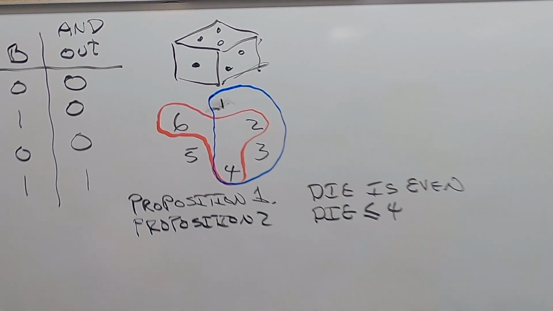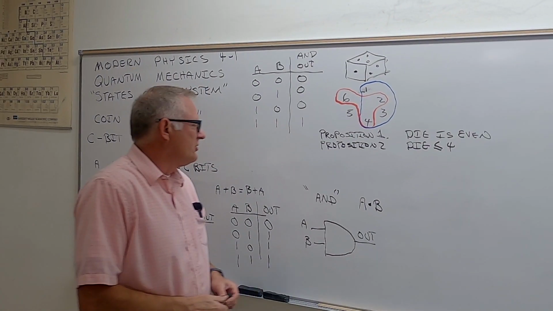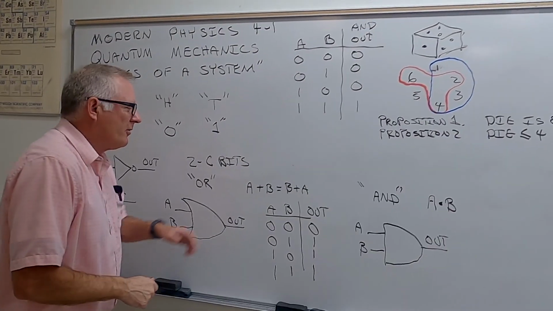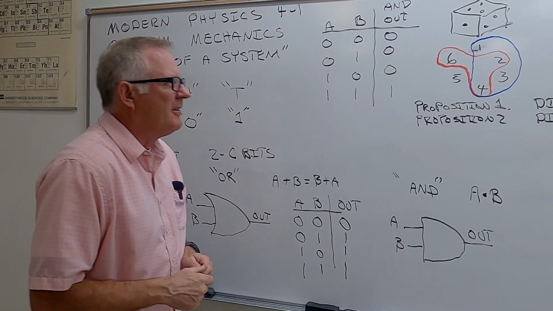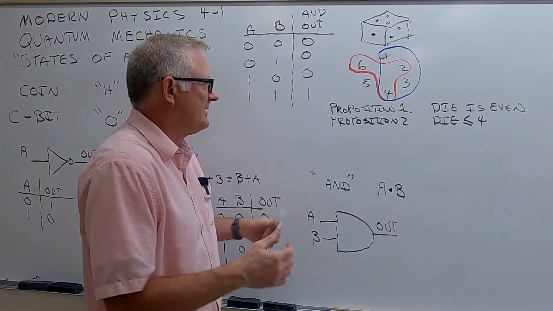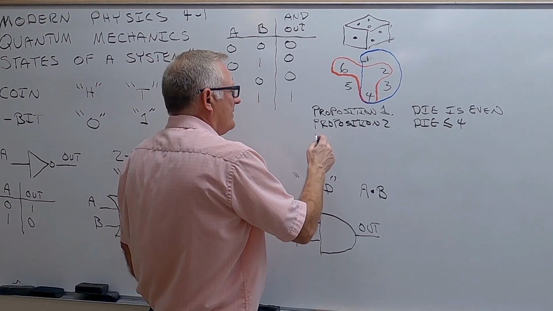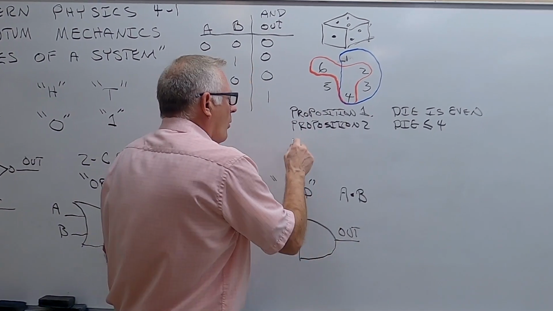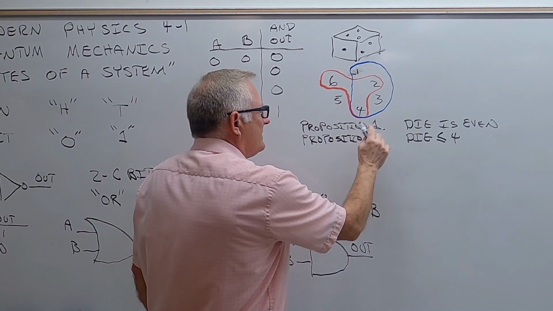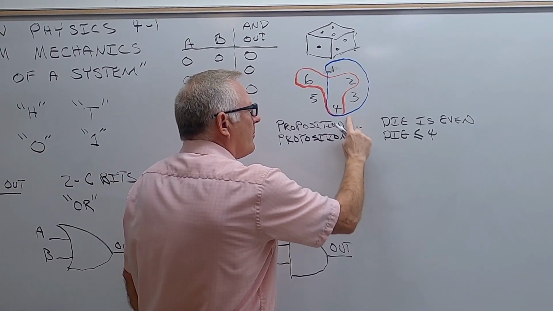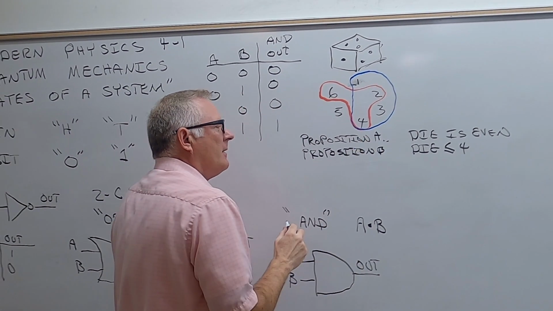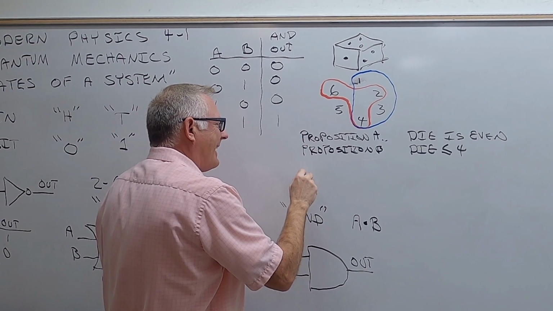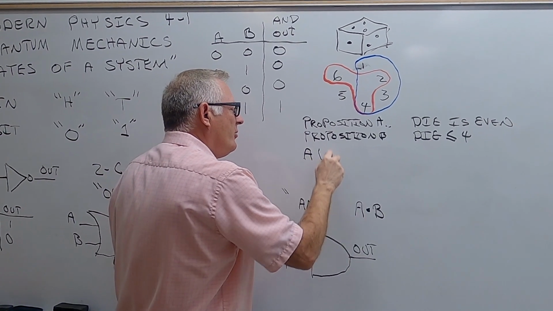Now that I have these two propositions, we don't usually use AND or OR for this. We usually use intersection and union, which is the same thing. Maybe I should say, instead of proposition 1 and 2, I'll call them A and B. So now we can say, what is A union B?